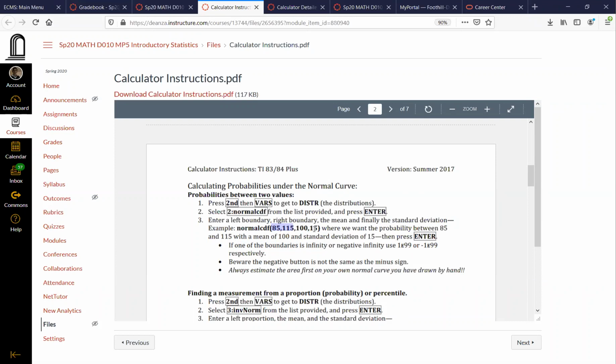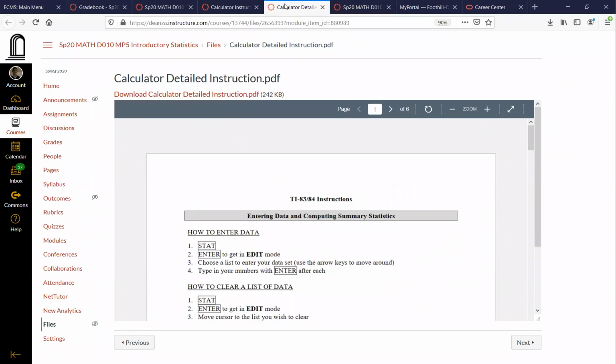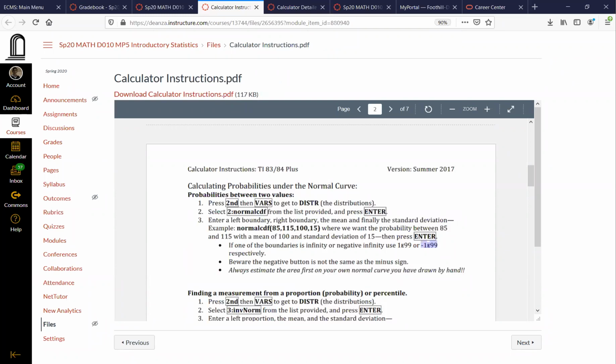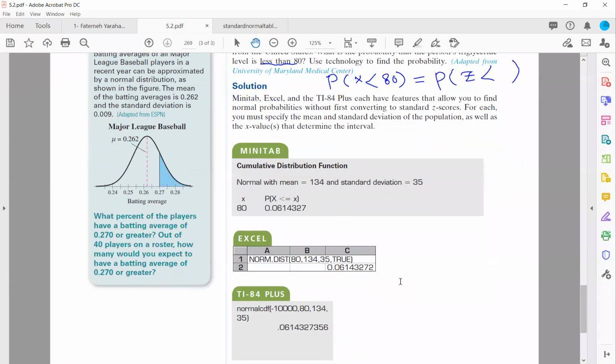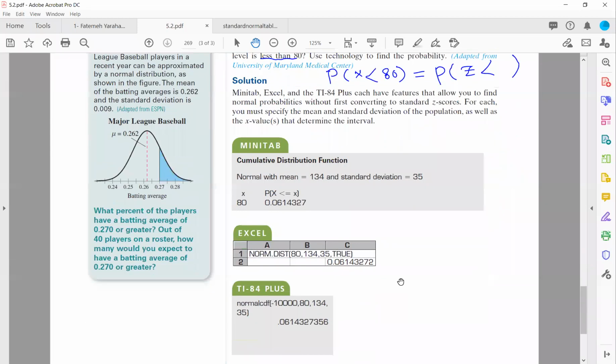In our example, the left-hand side is toward negative infinity, so on the left-hand side you have to use negative 1E to the power 99. By using your calculator, you can find the area to the left-hand side to be almost 6%.